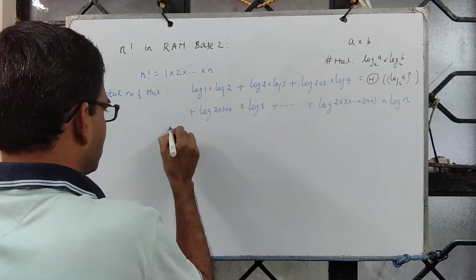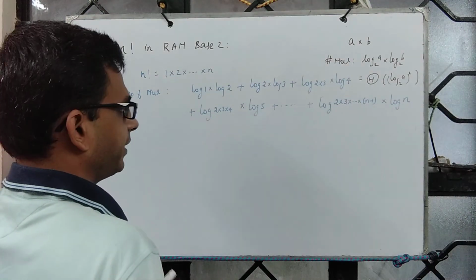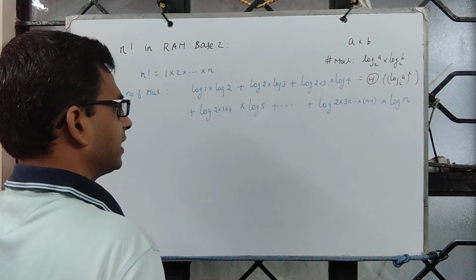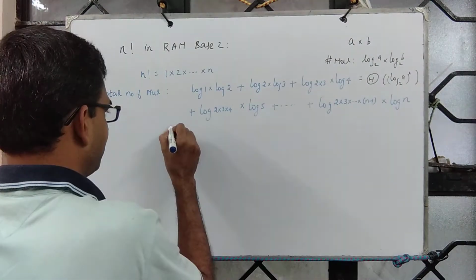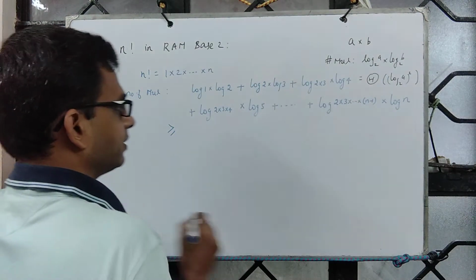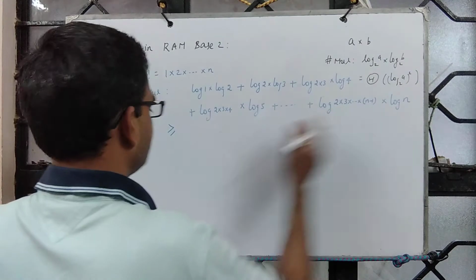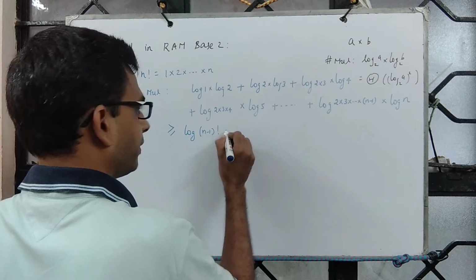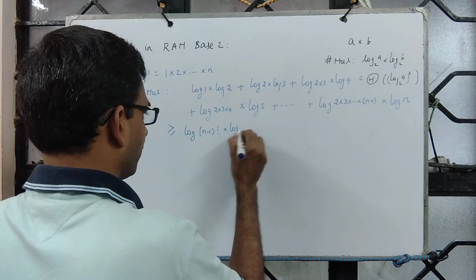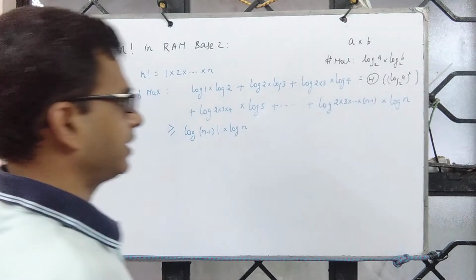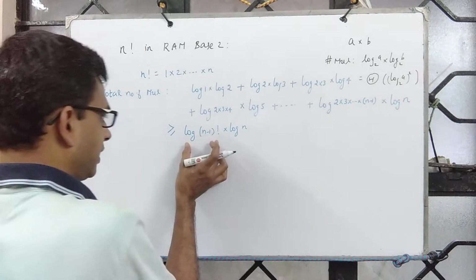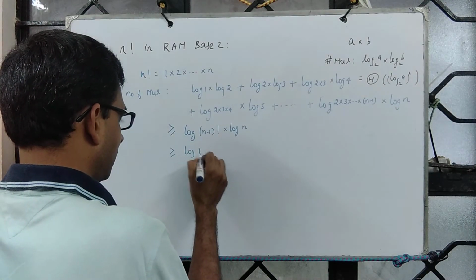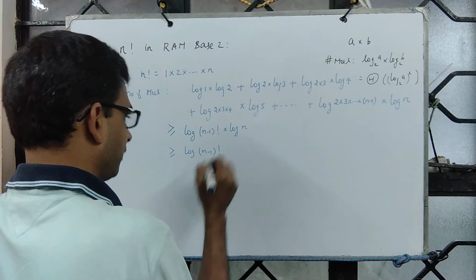So let's lower bound this, very similar to what we did before. We will focus on the significant term. With that we would be able to conclude some interesting result. So this is at least this much, which is log of n minus 1 factorial into log n, correct? So even if we focus on just this term, it is at least log of n minus 1 factorial.